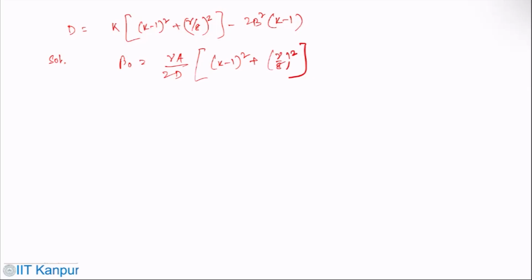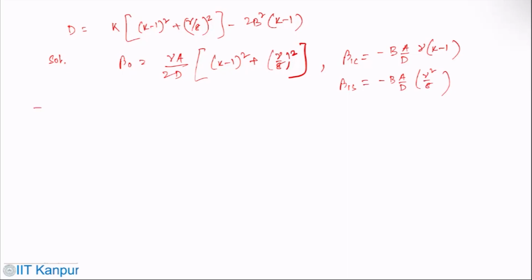Okay. So this is what you get. Now, similarly, you have beta 1C, which is minus B A by D gamma K minus 1, and beta 1S would be minus B A by D gamma square by 8.